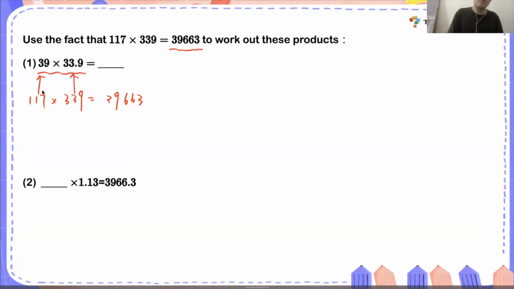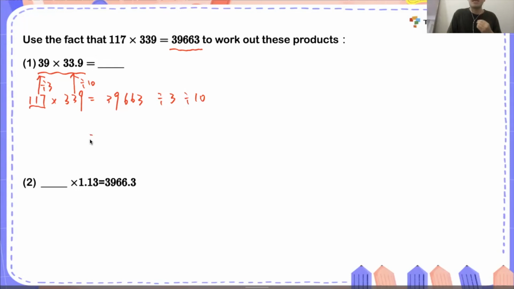From 117 to 39, that is divided by 3. So I just first divide by 3, and from 339 change to 33.9, that is divided by 10, right? So that is divided by 10. Okay, so that should be our result.